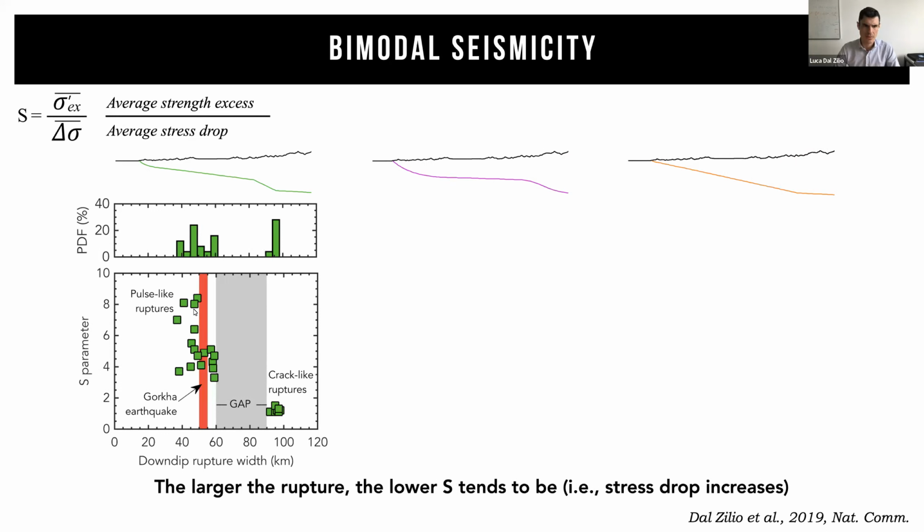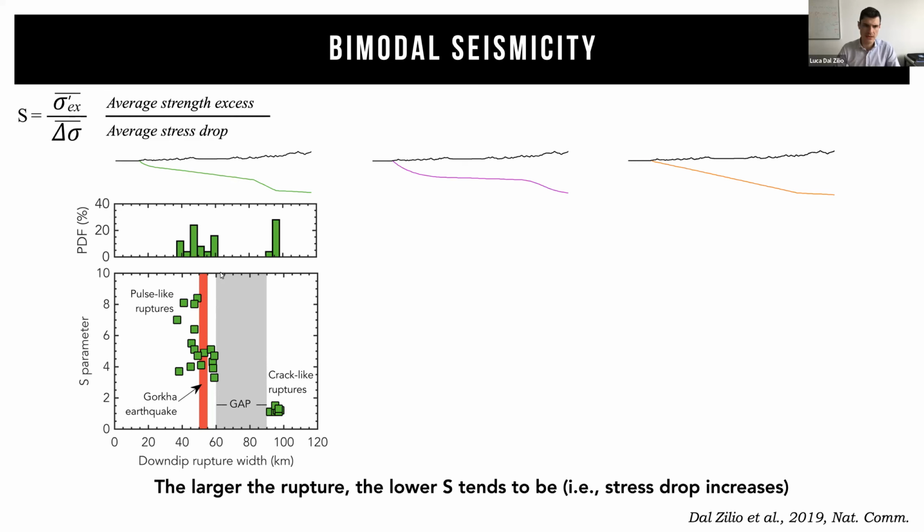So when the S parameter is high, we tend to have partial ruptures, and this is because the stress drop is lower than the strength excess. However, when we have a complete rupture, this ratio tends to get closer and closer to 1.